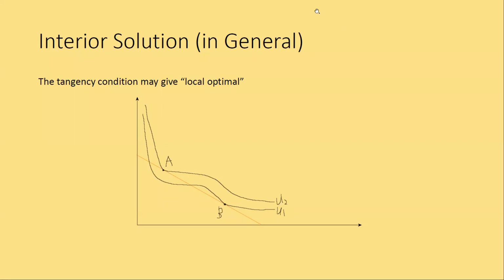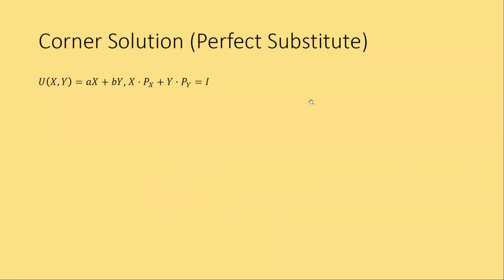So actually, let me clear the graph. And we are ready to move to the next type of solution, which is the corner solution. So we will find a corner solution when we have a perfect substitute utility function. And recall that corner solution means that the optimal consumption bundle lies on one of the axes.